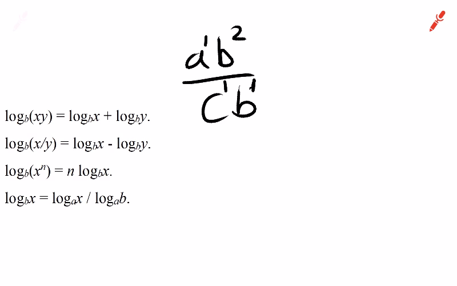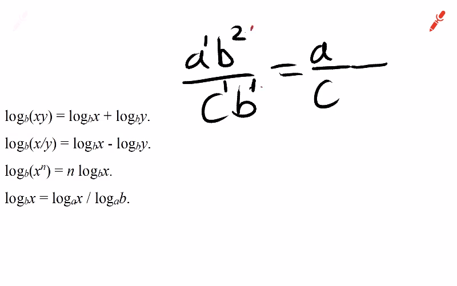If you wanted to simplify this, you would subtract exponents. So we have a b on the top and a b on the bottom. The a's won't disappear, a and c, because they're not both in the numerator and the denominator. But for the b's, we have a 2 on top and a 1 on the bottom.